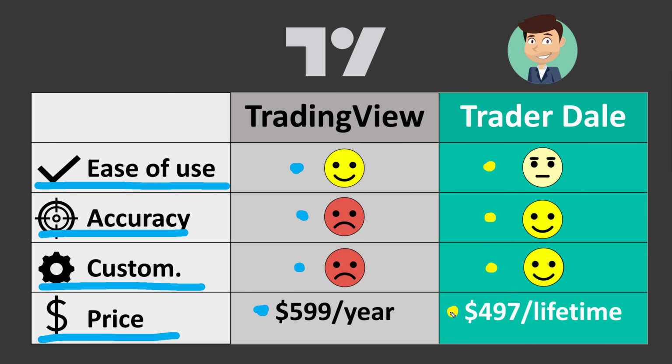And by the way, there are no costs regarding the NinjaTrader 8 platform where I run my software. So keep that in mind. Those are the specifics of the products that we are comparing. The TradingView price is currently around 600 per year. My price is currently a little bit below 500 for a lifetime.